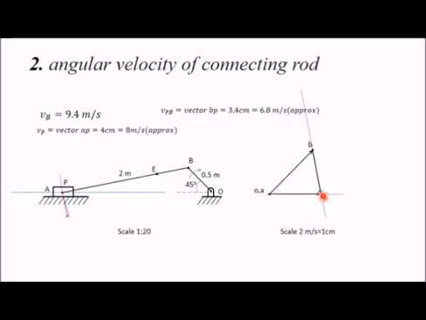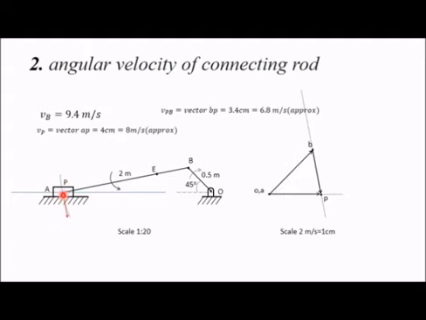The direction of P with respect to B is downward. That means this connecting rod is rotating in the anti-clockwise direction. If you keep B fixed, then P is moving downward, so with respect to B it is revolving anti-clockwise.